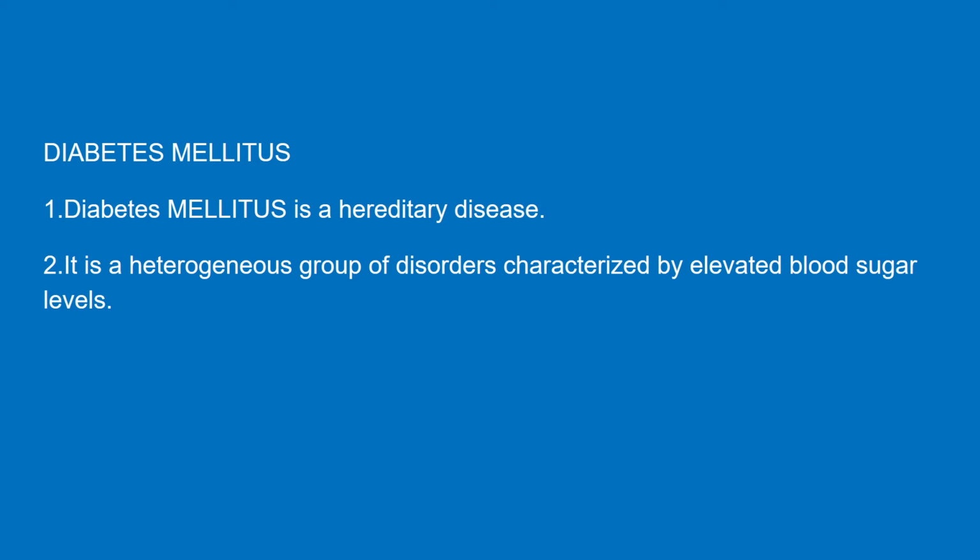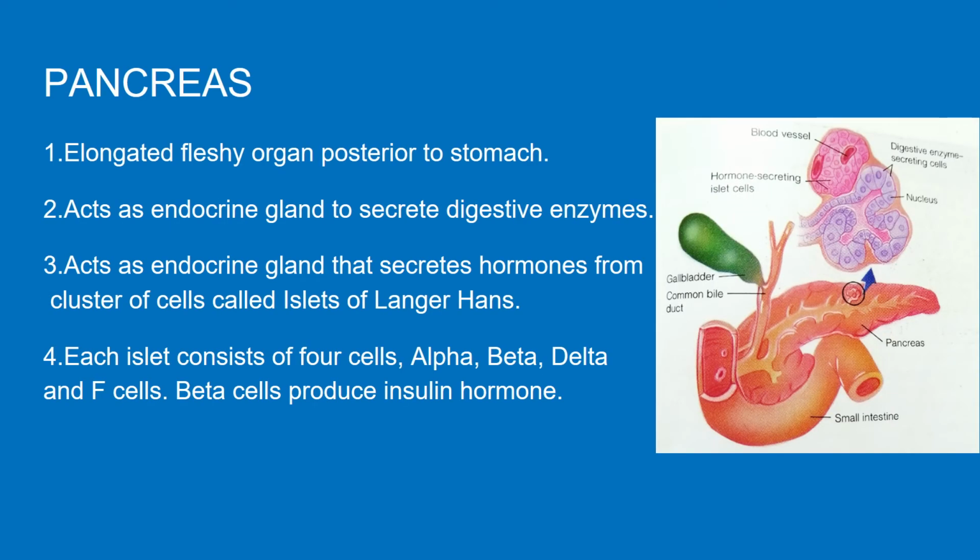Before we discuss these disorders, let's discuss the pancreas, the organ in our body which is responsible for controlling our blood glucose level. Pancreas is an elongated fleshy organ posterior to the stomach.